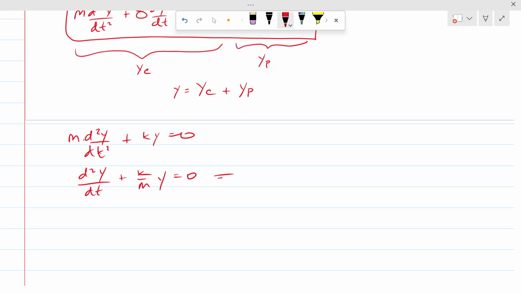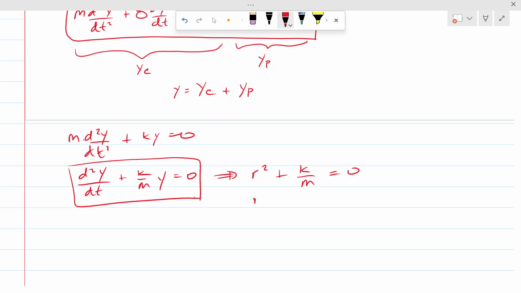This is equivalent to a quadratic equation that I can write using the letter r: r square plus k over m equals 0.